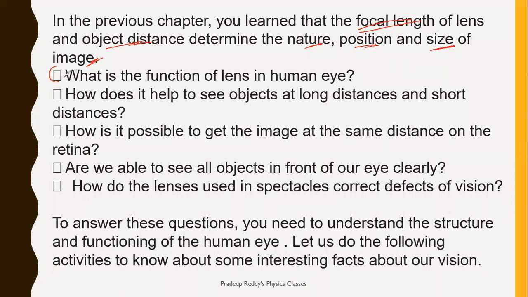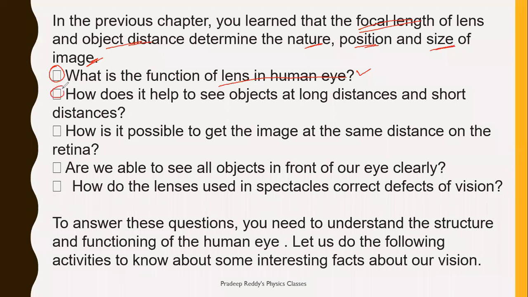Then what is the function of lens in the human eye? As we know, there is a lens embedded in our human eye. What is its function? That we will be learning initially. And then how does it help to see objects at long distances and short distances?